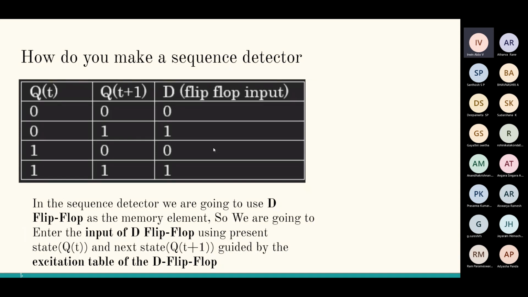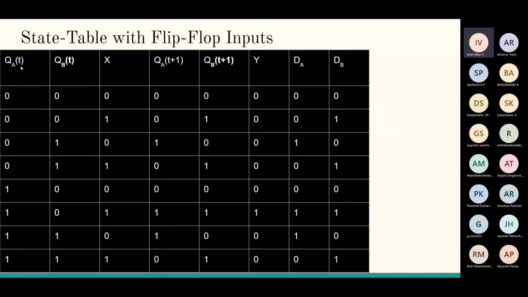This is the state table we had: QA of t, QB of t, the present state and the next state. From the present state and next state, I'm going to work out what value I should have given to D so that this transition happens. So I'm adding two more columns to our state table, namely DA and DB, which are the inputs we give to the D flip-flops.